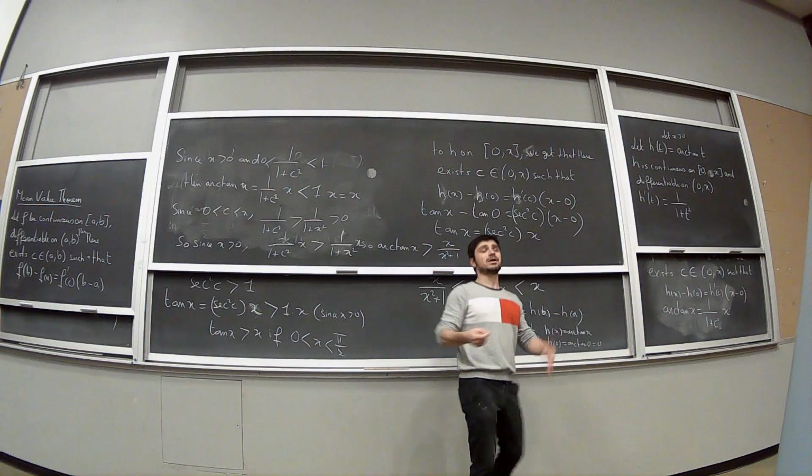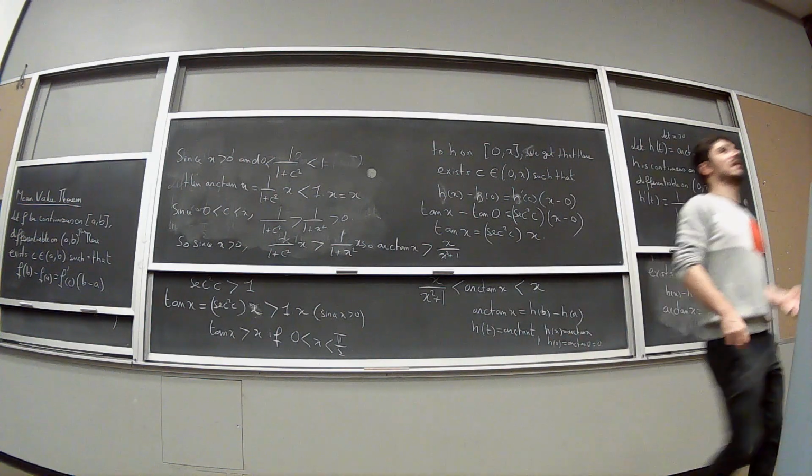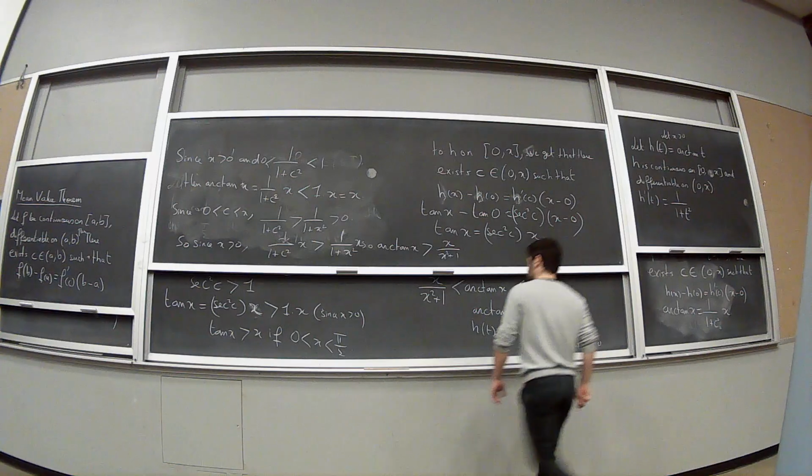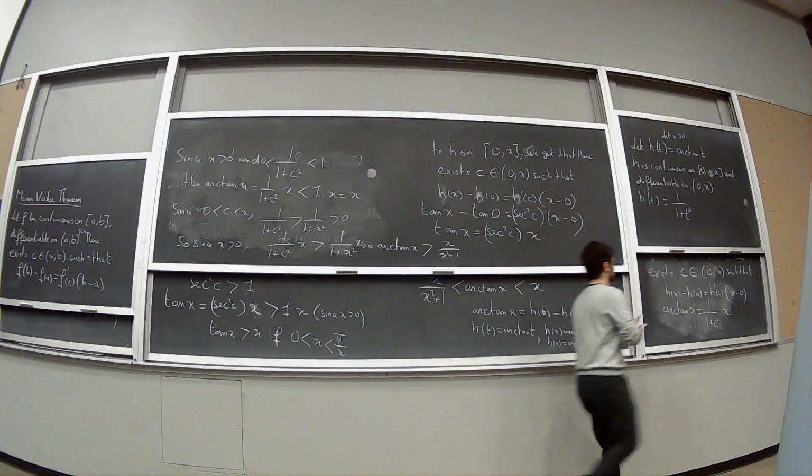Now, say you have ln x. You want to get ln x as h of b minus h of a. What would your interval be? The last bound would be x, right? ln x minus what gives you ln x? It's ln x minus ln of 1, basically. That's what you're looking for.